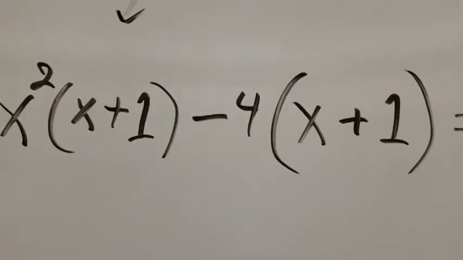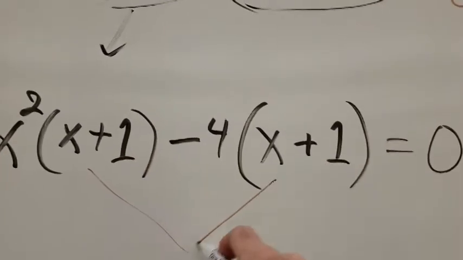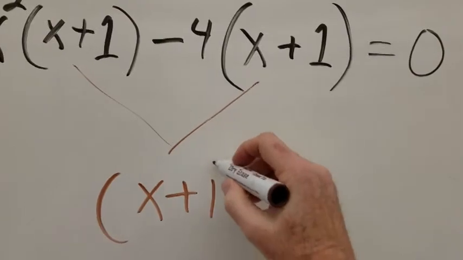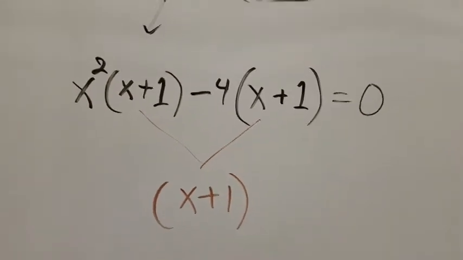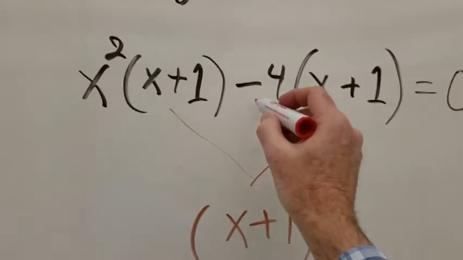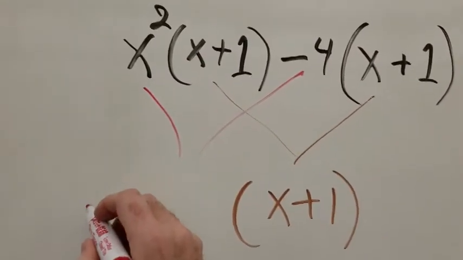But notice that these two are the same here. So let's bring them down. x plus 1. Let's bring them down together as 1. And then let's bring these other guys, this guy and this guy, out front.